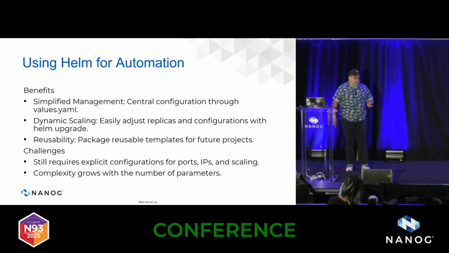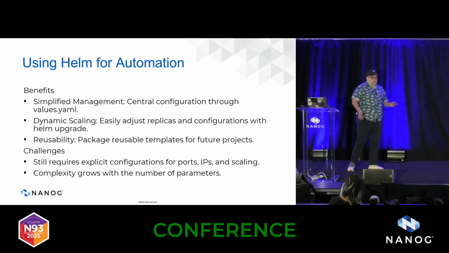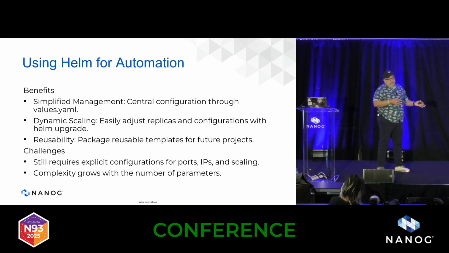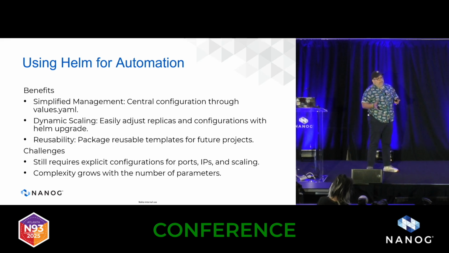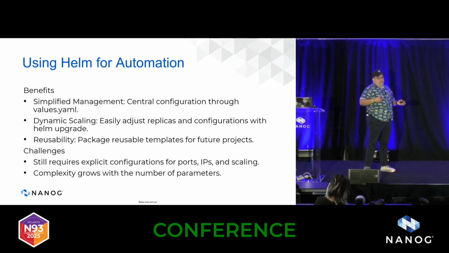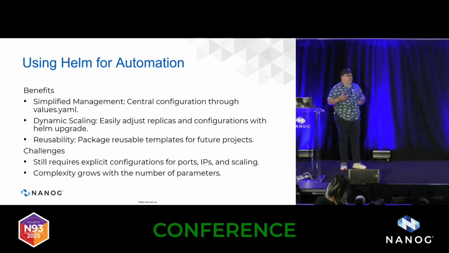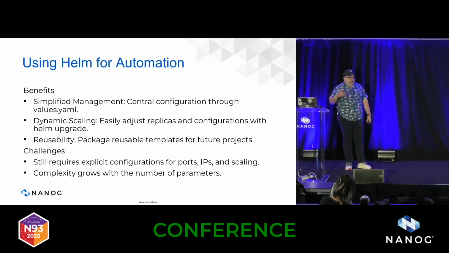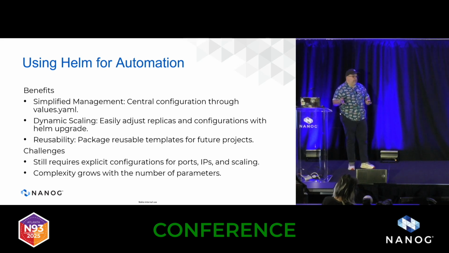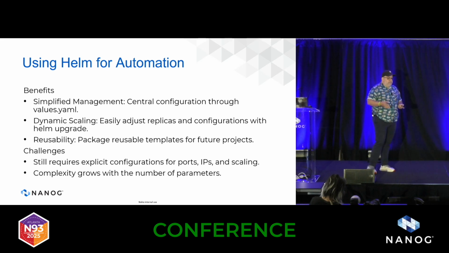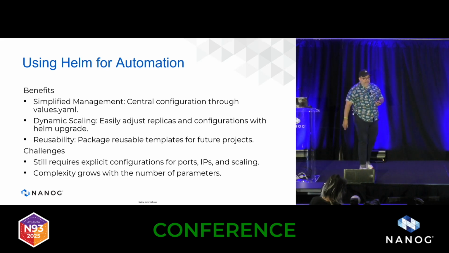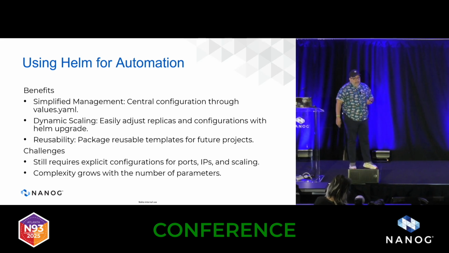So the benefits are obvious. The management is centralized, and everything is being fed as a parameter from the values file. So it's more dynamic scaling. You just need to adjust your values, and the needed replicas will be deployed automatically using the same template. So less errors. So what are the challenges?